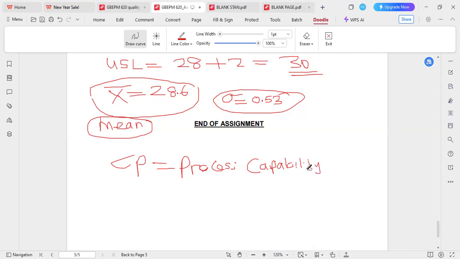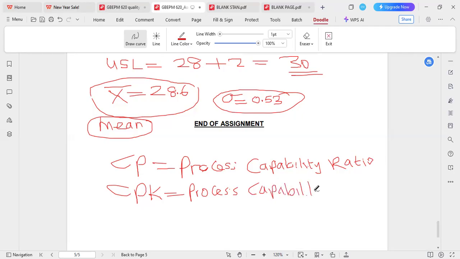So this is the capability ratio. Then this other one, CPK, is equal to process capability index.